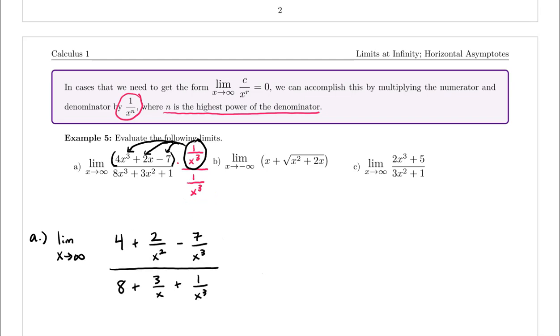All right, so I'm at this stage, and you might remember from an earlier section when we learned about limit laws, I'm taking the limit of a function that has a numerator and a denominator, and there's one of the limit laws that would allow me to apply the limit to the numerator and the denominator. What I mean by that is I could rewrite this as the limit as x approaches infinity of the entire numerator.